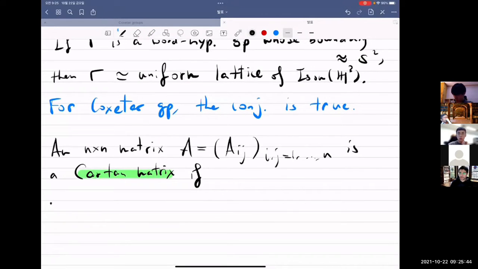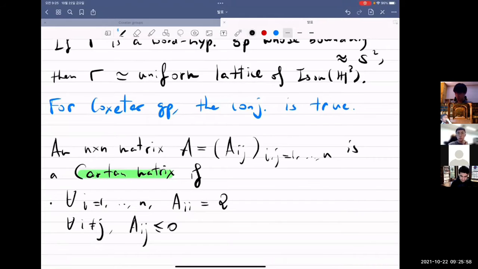The first one, all the diagonal entries should be 2, and off diagonal entries should always be less than or equal to 0, and as soon as A_ij is 0, then A_ji should also be 0.